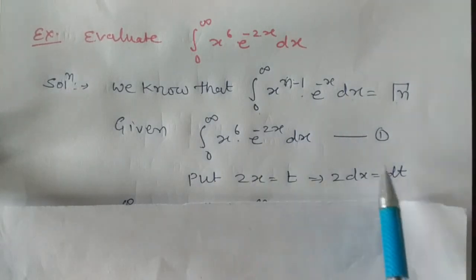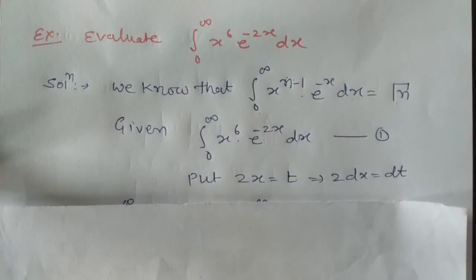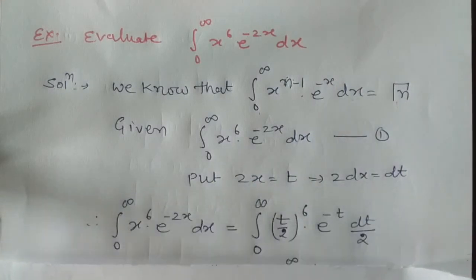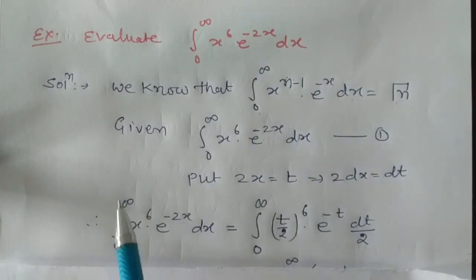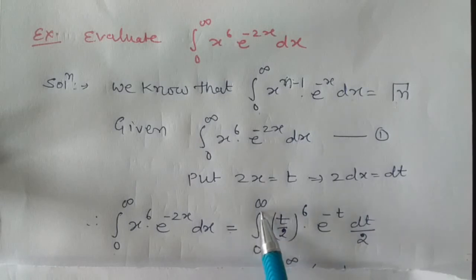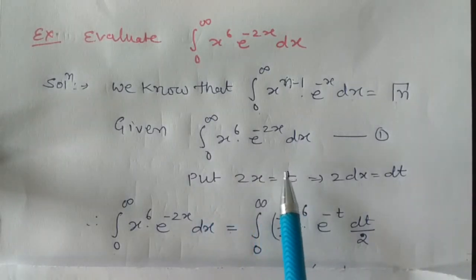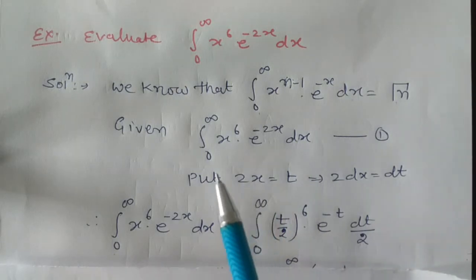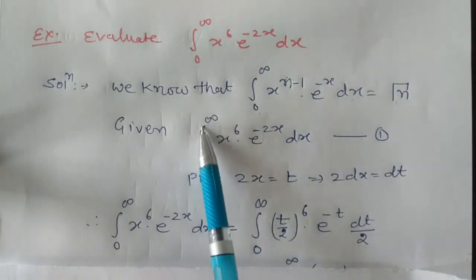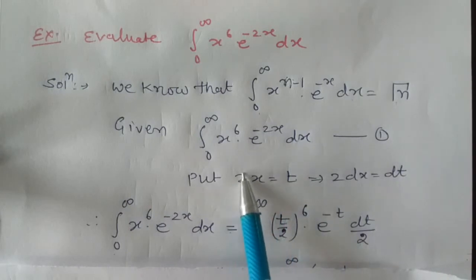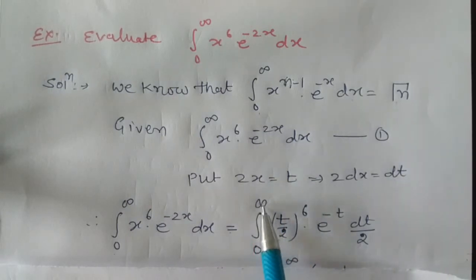Now putting these substitutions in the given integral, the lower limit of x is 0, which gives the lower limit of t as 0, and the upper limit of x is infinity, which gives the upper limit of t as infinity. So the limit of integration is 0 to infinity.